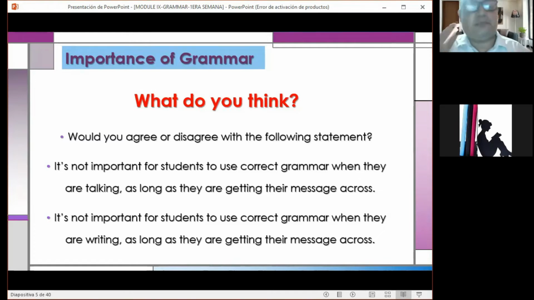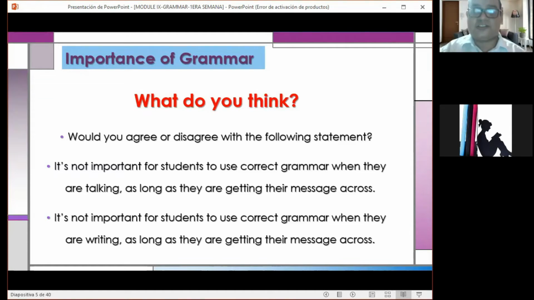No? So the type of grammar, there are two types of grammar, the descriptive grammar and the prescriptive grammar. For example, we as teachers, we use the prescriptive grammar. So some specific patterns. And we need to use these patterns. If you don't use these patterns, then it's not correct.